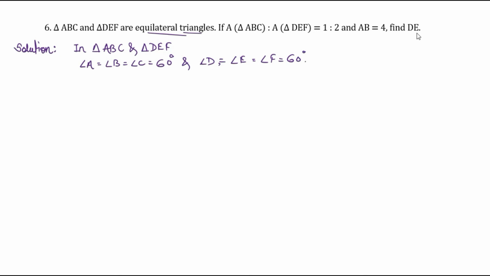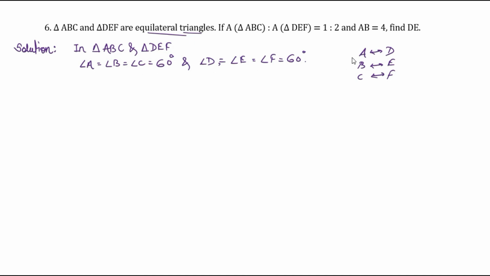Now we have to take a one-to-one correspondence. We can take any one-to-one correspondence anyway. So here I am taking A is to D, B is to E, and C is to F. Let's write like this first: A, B, C and D, E, F. Why am I writing this? Because this is quite confusing, as all these angles are equal.